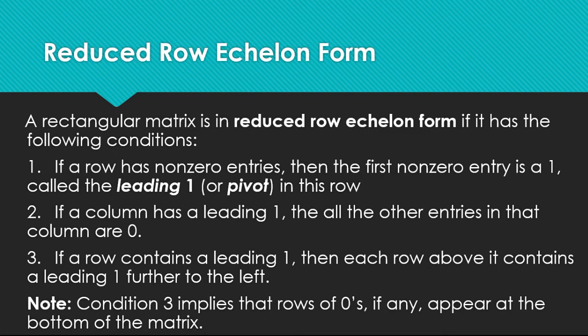Below and above the leading entry in echelon form, all the entries will be 0. The third condition: if a row contains a leading 1, then each row above it contains a leading 1 further to the left. I will discuss it in the example.